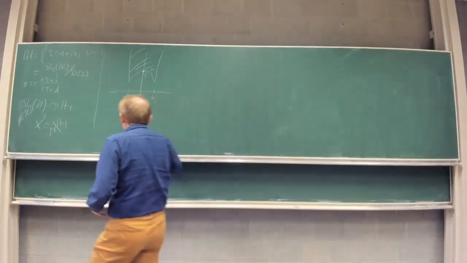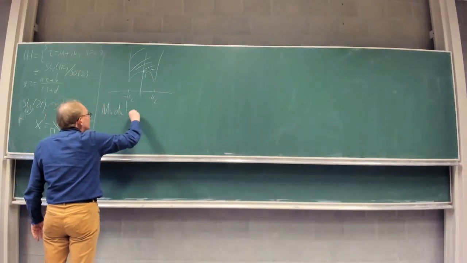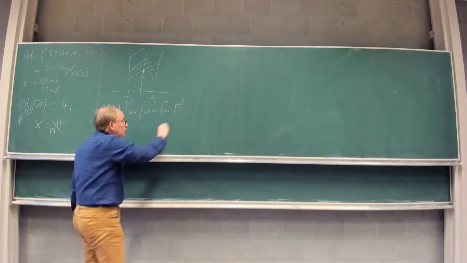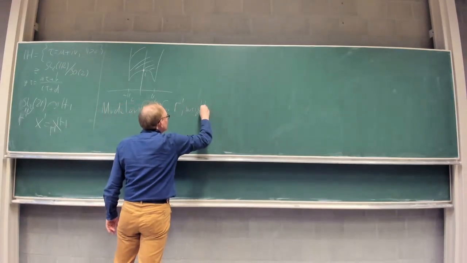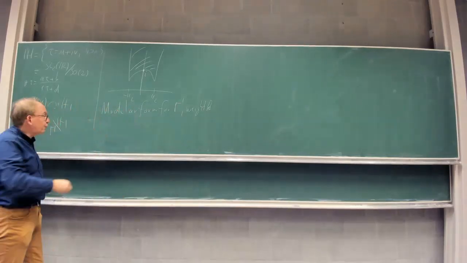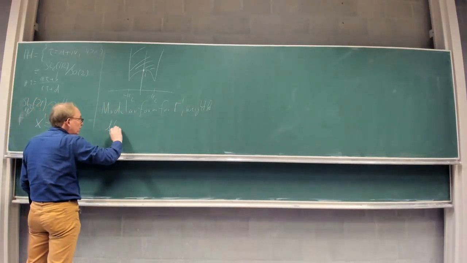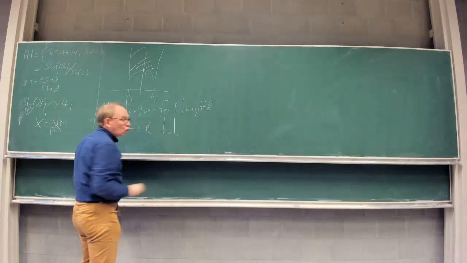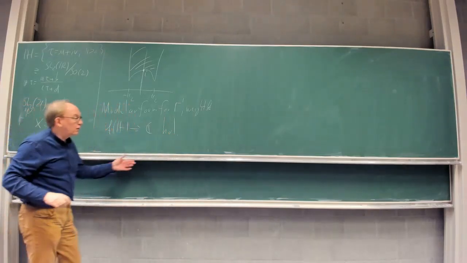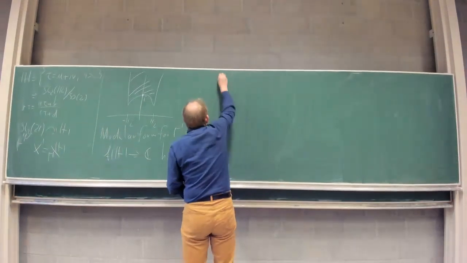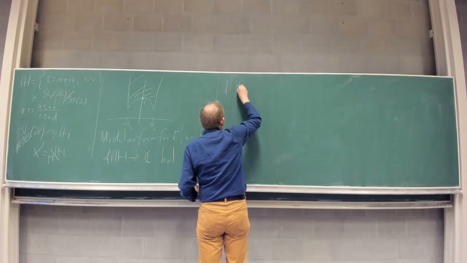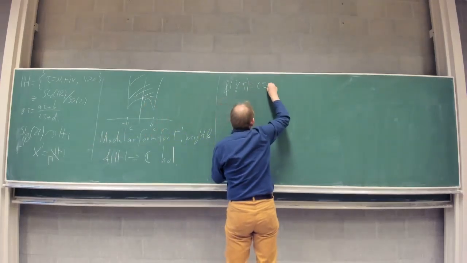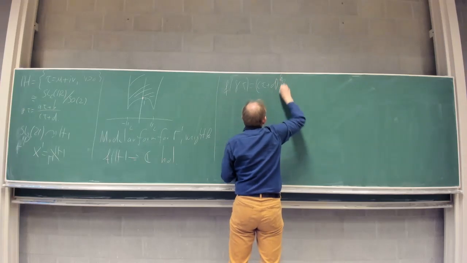And then a modular form for my subgroup Gamma prime and weight k is a function f on the upper half plane which is holomorphic and transforms nicely under the Möbius transformation, such that f of gamma tau, the Möbius transformation, gives you (C tau plus D) to the k times f of tau.